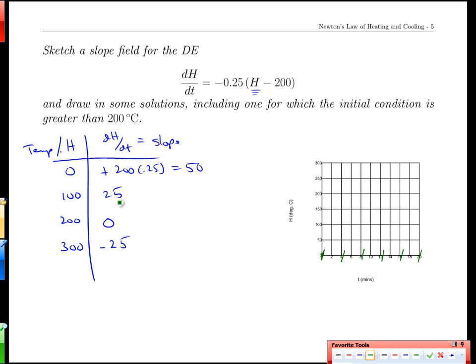Contrast that with the 25 slope, which would be like this. Rise of 50, run of 2, that's slope of 25. And then contrast it even more with the 0 slope at 200. And last but not least, the slope of negative 25 at 300.